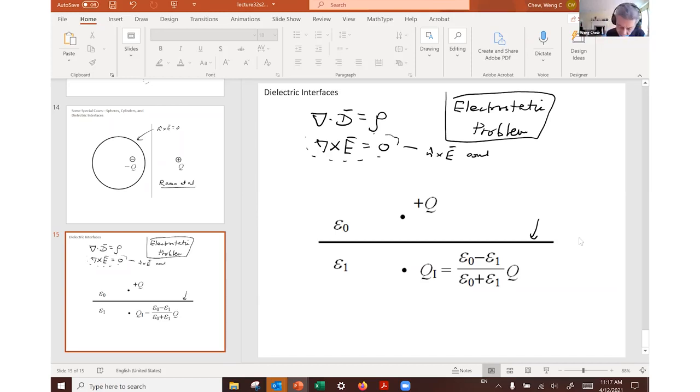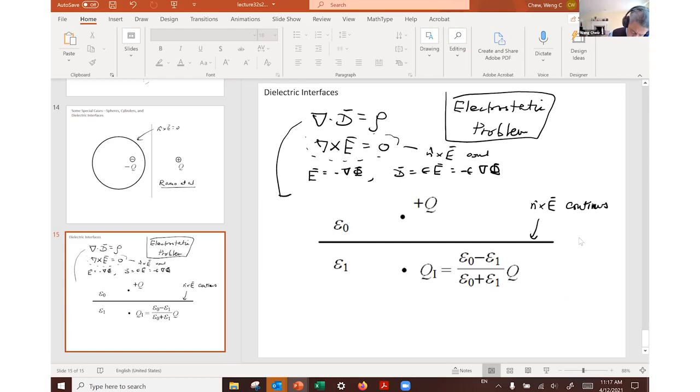So you have n cross E continuous at that surface. That's one boundary condition. What is the other boundary condition? We would have to solve Laplace's equation, because E is equal to minus grad phi, and then D is equal to epsilon E, which is minus epsilon grad phi.